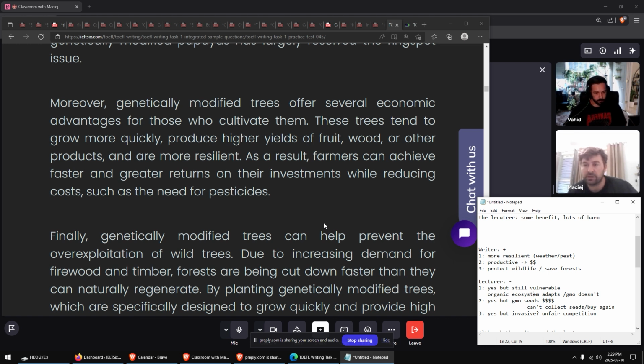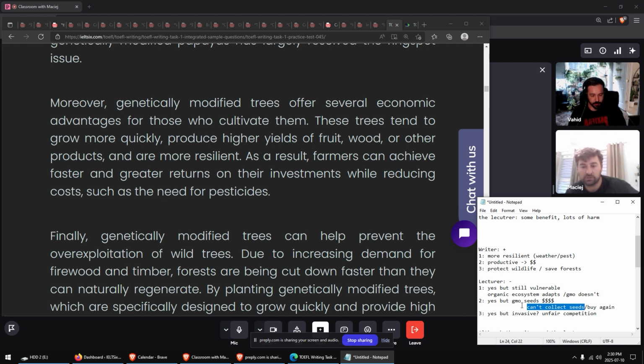The farmers have to buy the GMO trees' seeds to plant them. With every plant you have to buy the seeds. They are expensive. They have to buy them every year, all the time. And why do you have to buy them again?